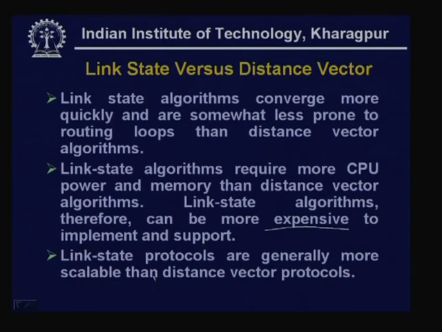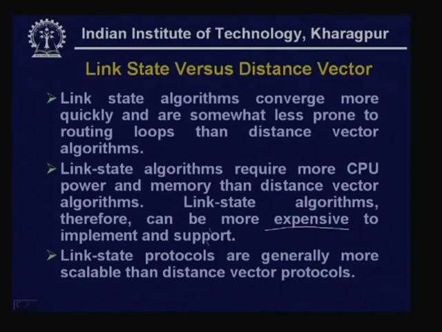However, link state protocols are generally used, particularly because they are more scalable than distance vector routing. So, link state routing has been found to be more scalable compared to distance vector routing, and that is why link state routing is becoming more and more popular.